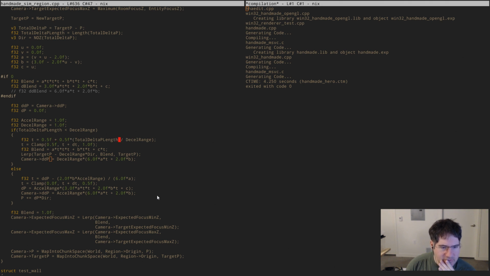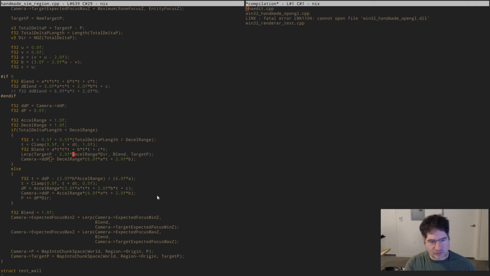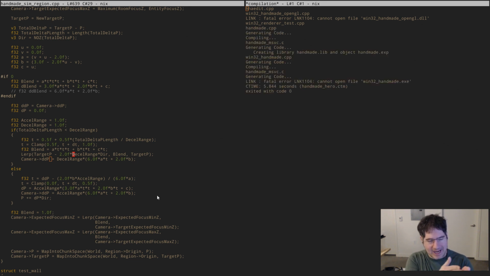So if we take the total p length and we look at the deceleration range, we're going to map it into that space, right? So this is the part of the curve that would be decelerating. Then this part needs to be to that range, because we're only taking the halfway. So we're actually lerping such that it starts twice as far back as that.